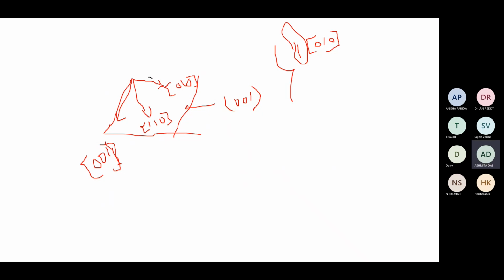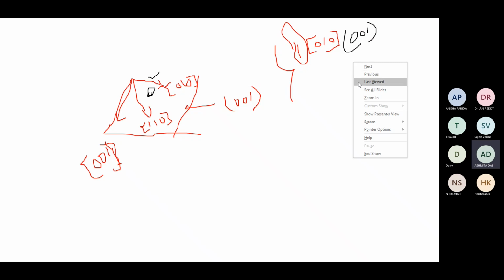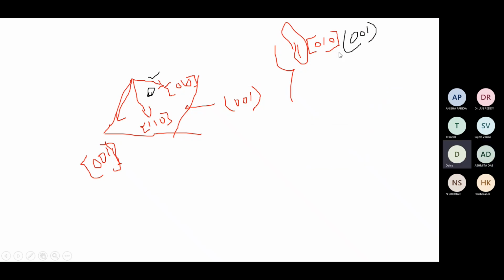One is this direction plus this plane. So 1, 0, 1, 0, 0, 1. Okay, so what will be the next slip system? Anyone can help me to guess? 110.